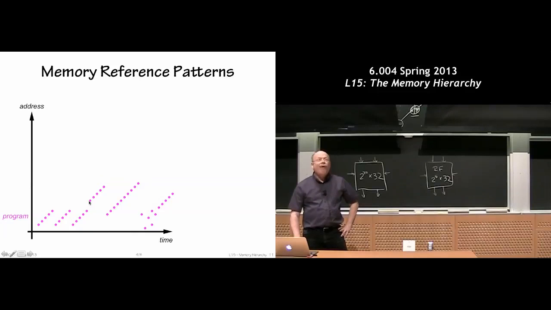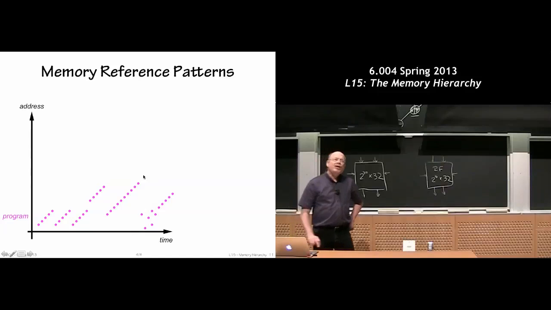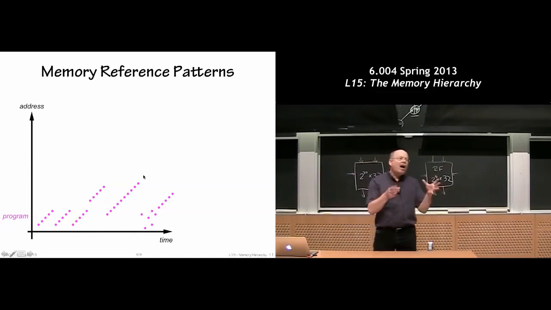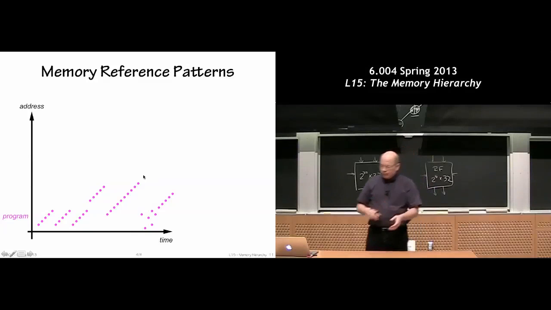Occasionally I might branch forward in my program, an if statement, something like that, and skip over a couple of instructions. I might make a subroutine call and go off to some entirely new region of memory. That represents a discontinuity in my nice orderly sequence of addresses. But once I'm past that discontinuity and I'm in the body of the subroutine, it becomes orderly again.